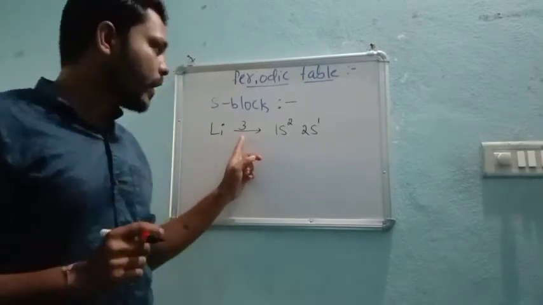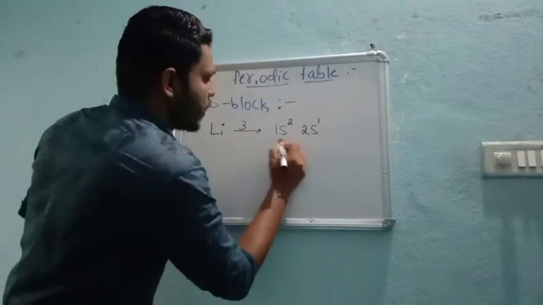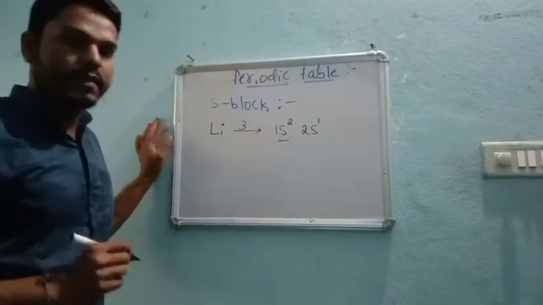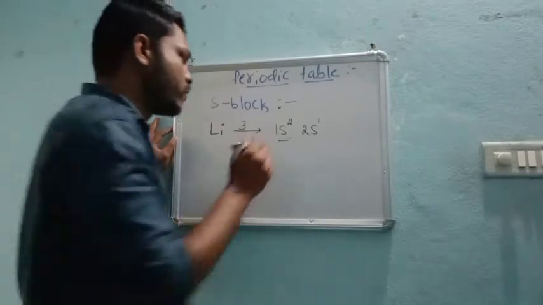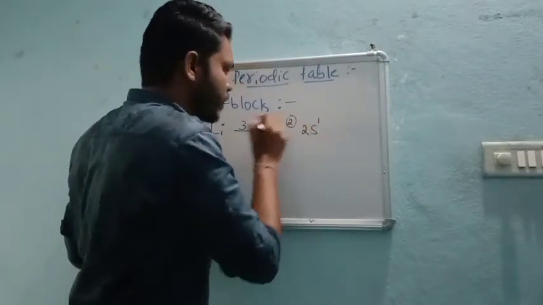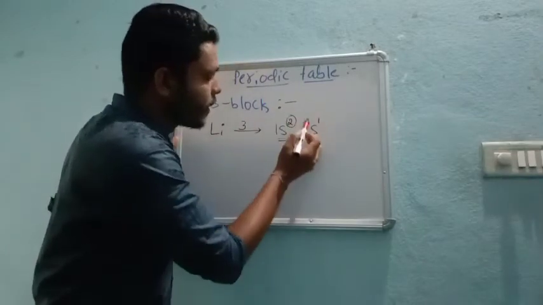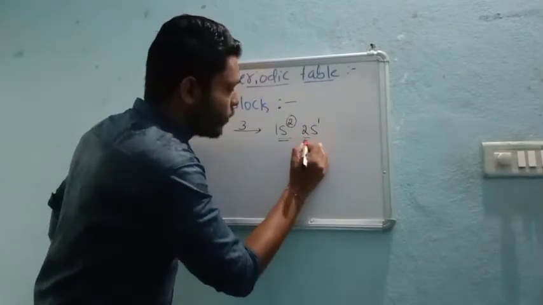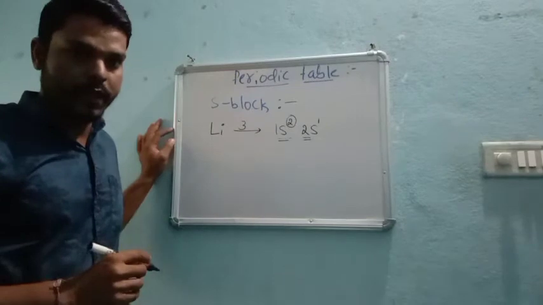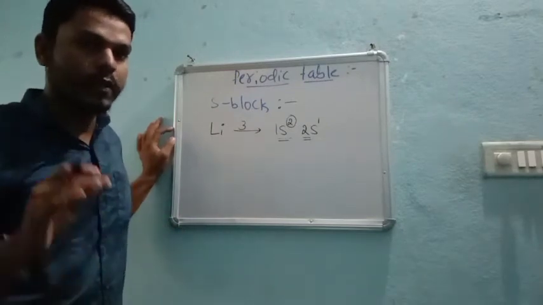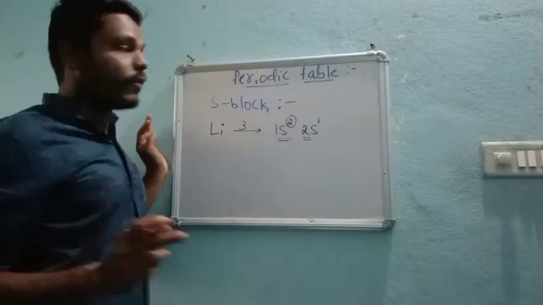So that's why, the capacity of the S subshell is to take 2 electrons. So 2 electrons with the lower energy move in first, according to the Pauli exclusion principle or Aufbau rule.